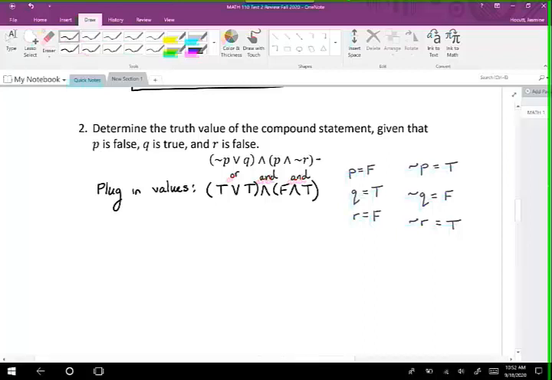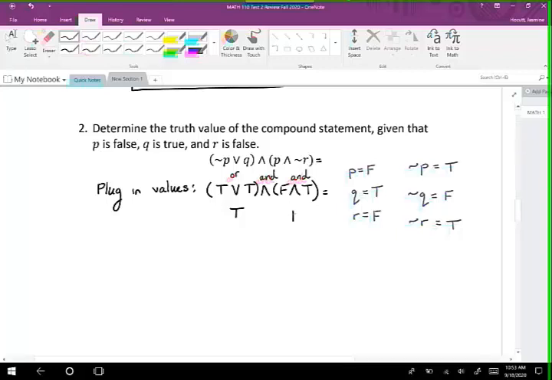And so now you want to go ahead and do the stuff in parentheses first. So you follow order of operations. So first I'll look at T or T. So remember, for or statements, true wins. So this whole thing is true. And then for the F and T, remember, for and statements, false wins.